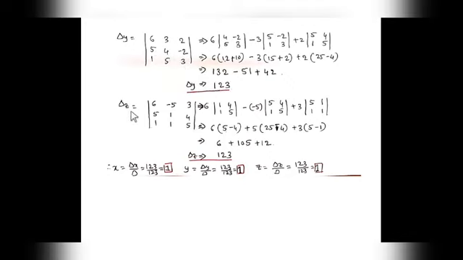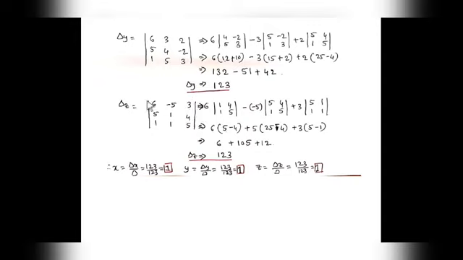Lastly, we have to find out the value of delta z. Here I have taken coefficients of x, coefficients of y, but I have skipped the coefficients of z. In the place of coefficients of z, I have taken the constants 3, 4, 5.